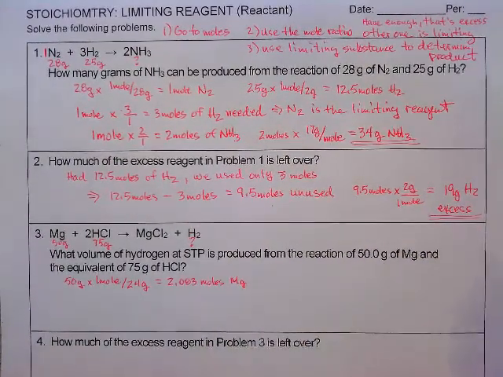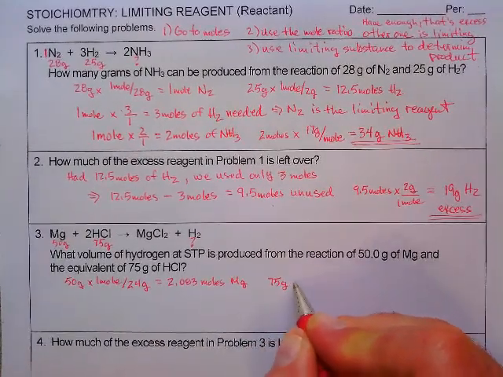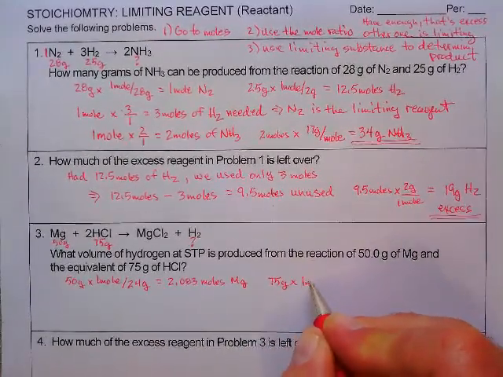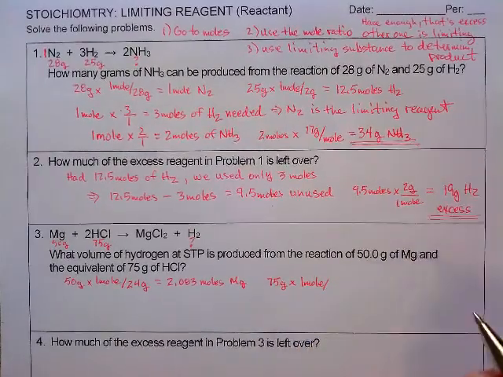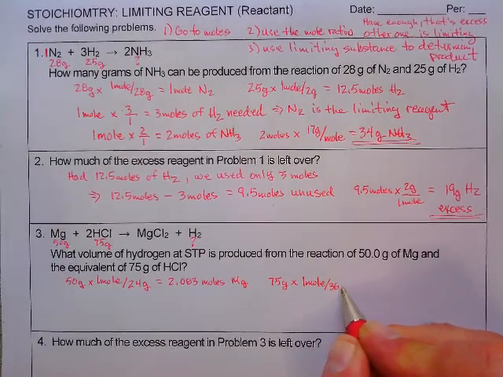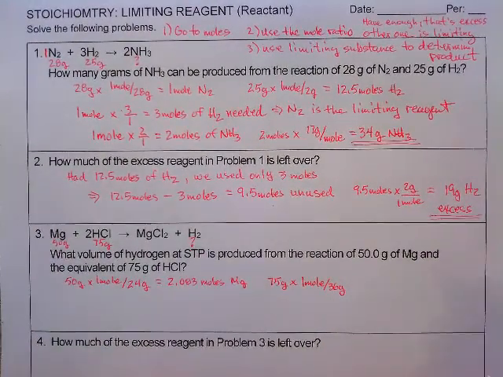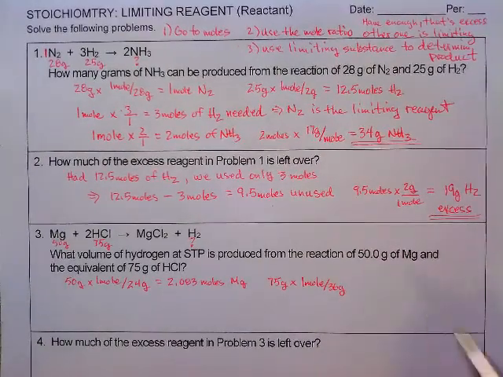For the hydrochloric, I'm going to take my 75 grams times 1 mole over, in this case, 36 grams. We just used 35 for chlorine. Only had 1 plus 1 for the hydrogen, so it's 36 grams.